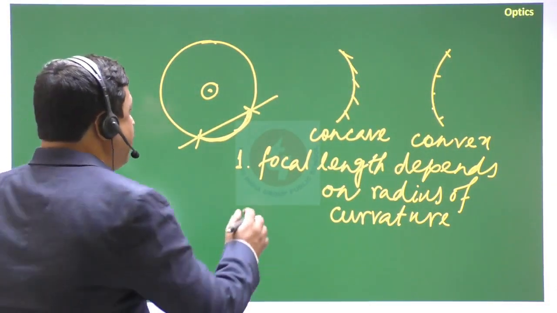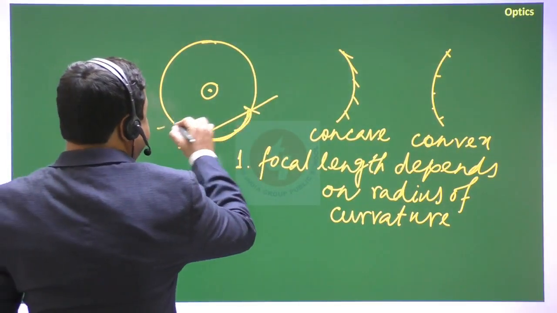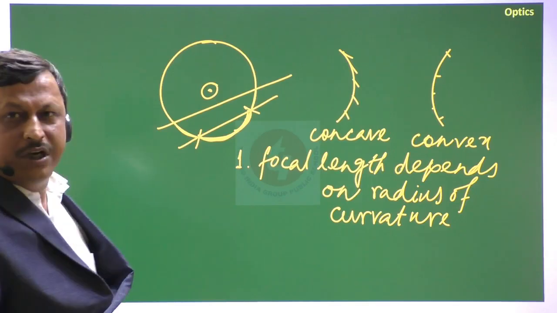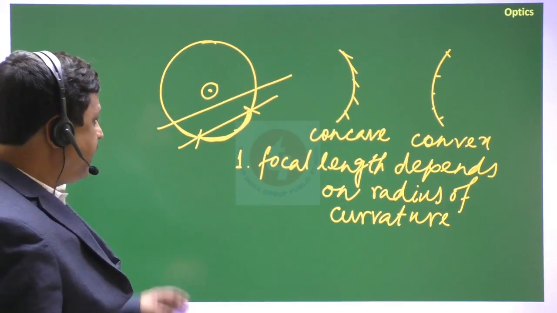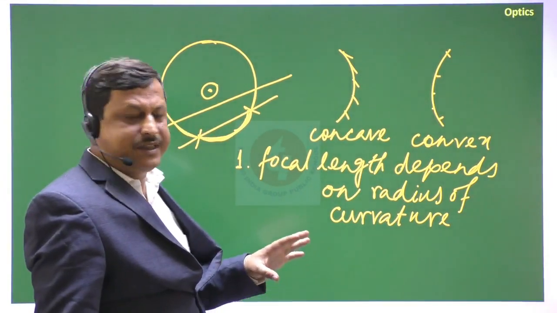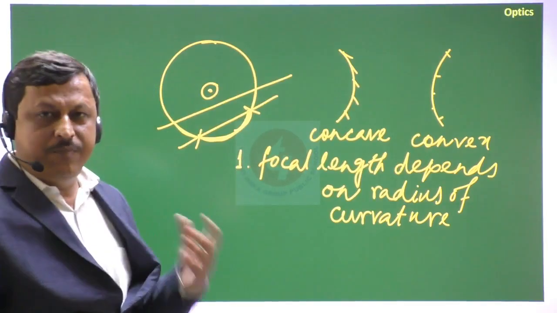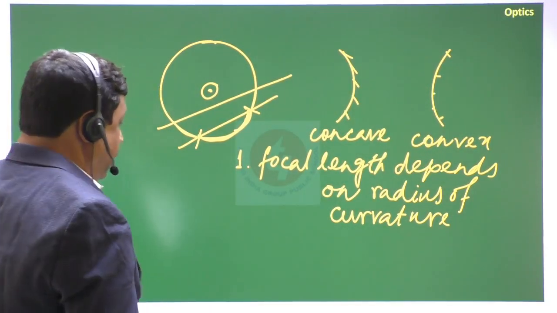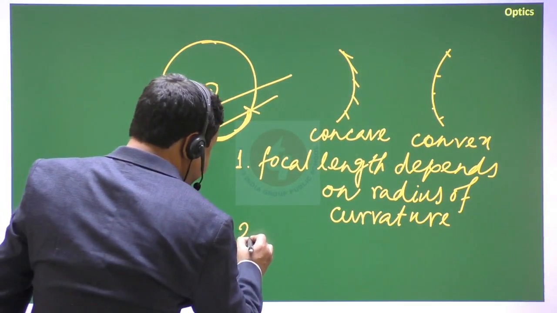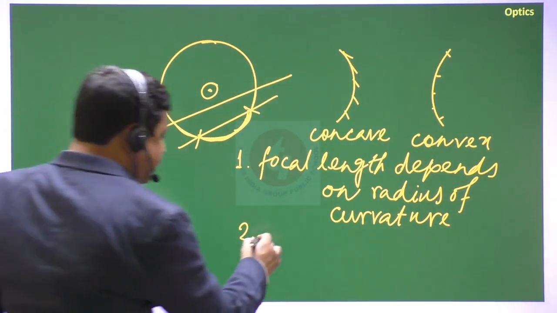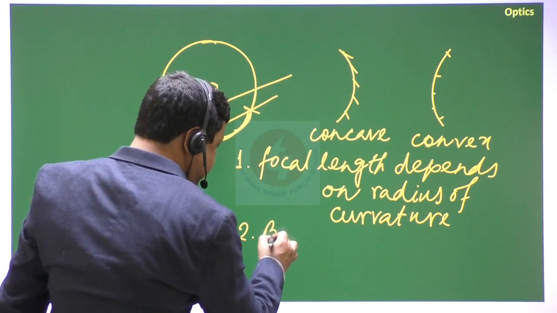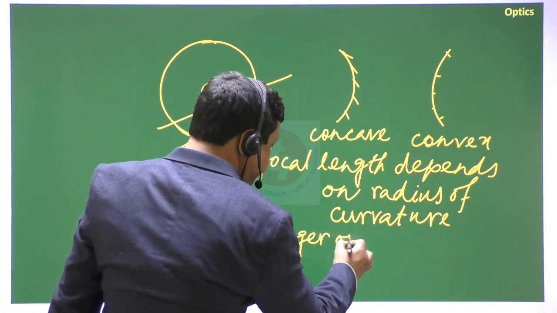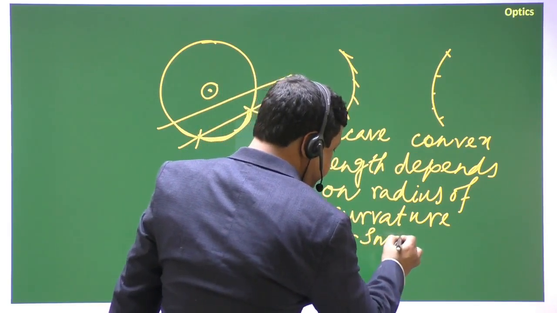If you cut this portion like this, then the aperture of the mirror will be bigger. Then what is the effect of this aperture on the image formation or focal length? So, first thing, bigger aperture or smaller aperture.